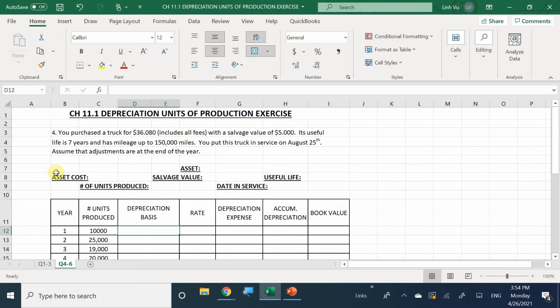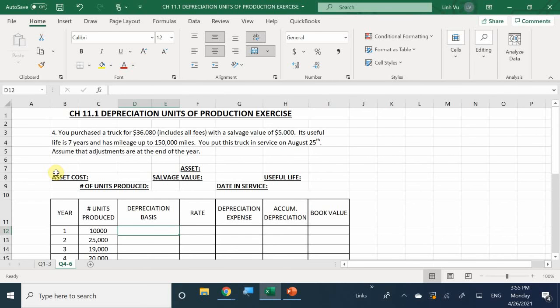Its useful life is going to be 7 years and it has a mileage up to 150,000 miles. You put this truck into service as of August 25th. Assume that the adjustments are always done at the end of the year.